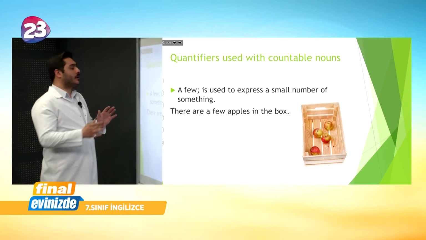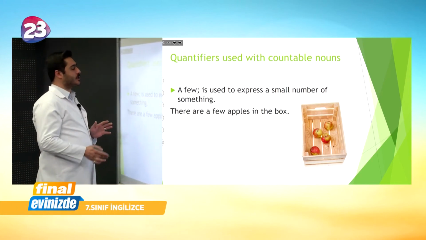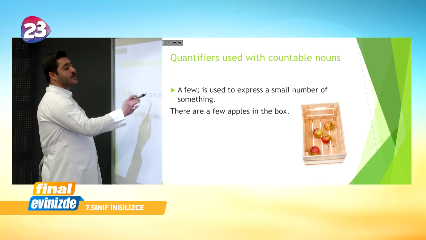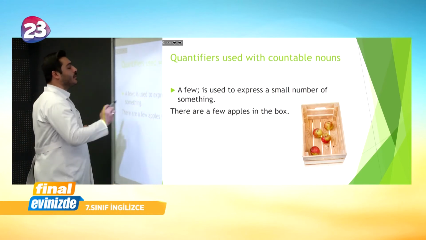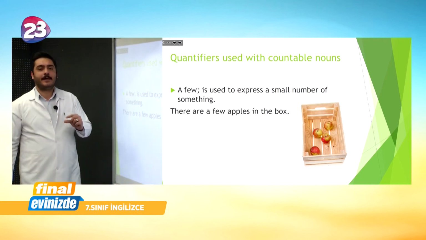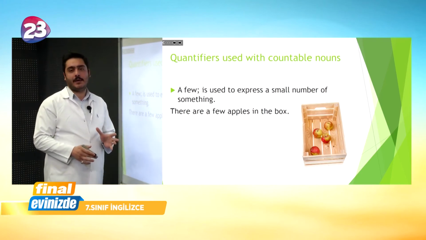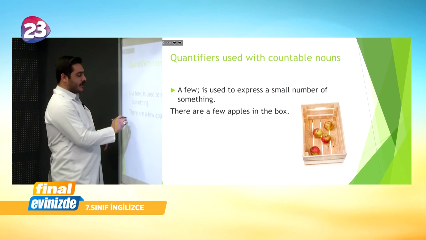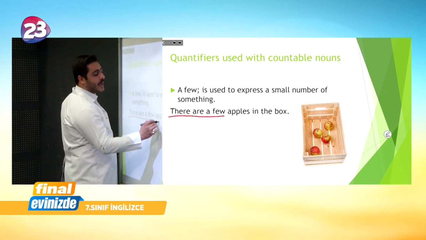Quantifiers used with countable nouns, and a few is one of them also. It is used to express a small number of something. It means there are not too many of the noun, but there are some. There are a few apples.